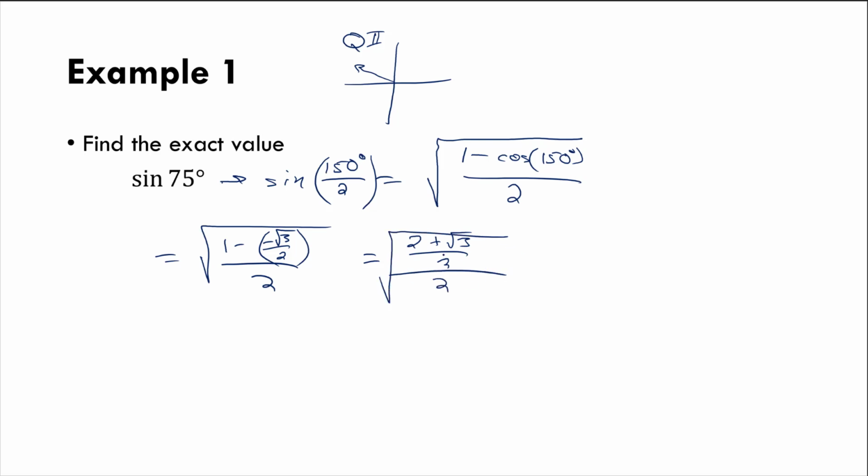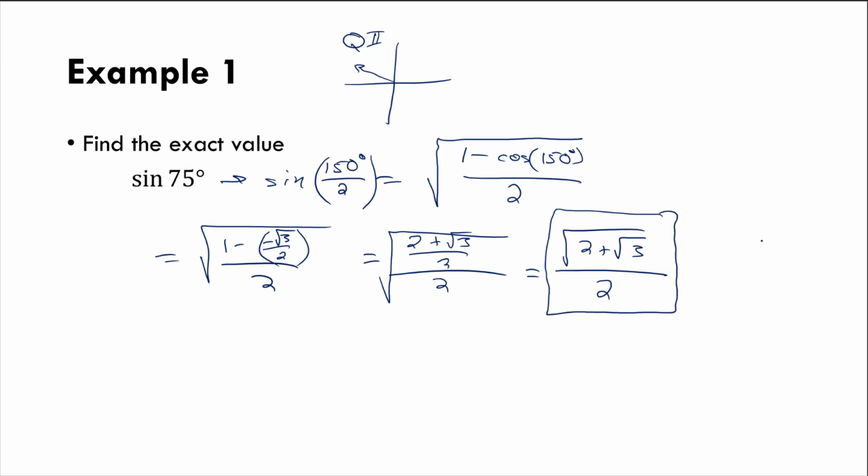So this is going to look something like the square root of 2 plus root 3 over, I've got 2 times 2, so it's going to be 4, and the square root of 4 is just 2. That is what my final exact value would look like.